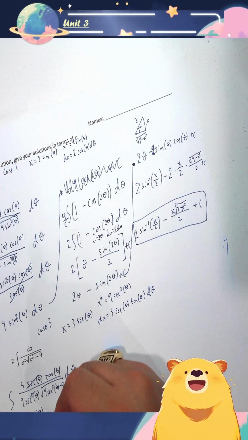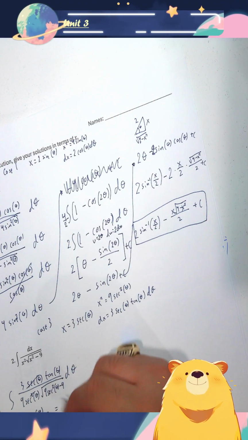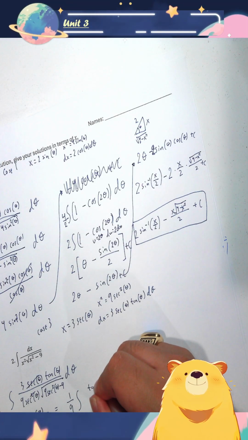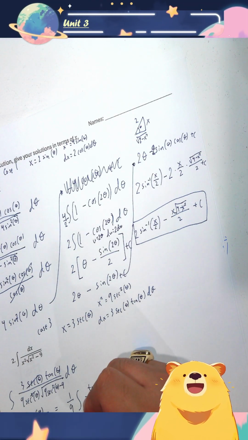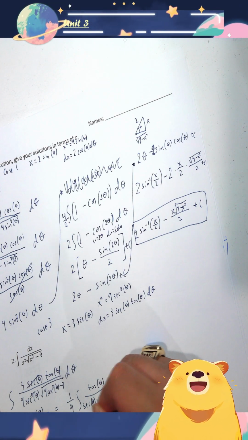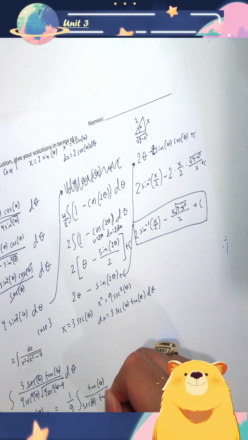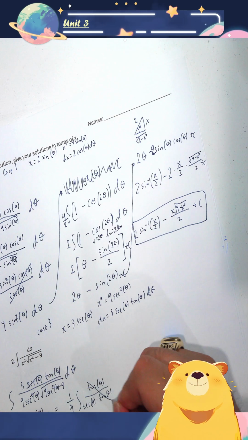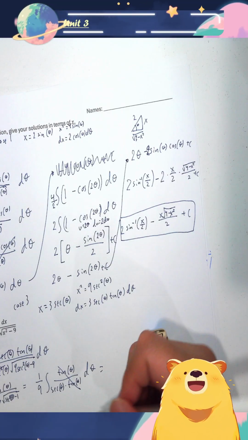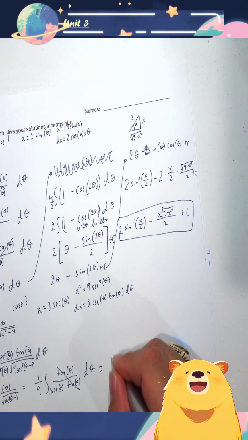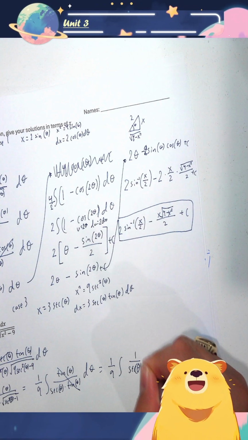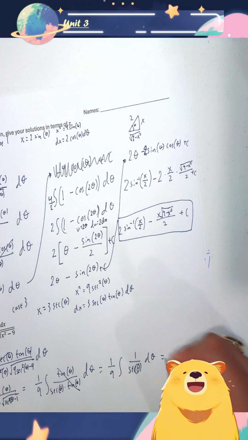That whole thing is going to be tangent. So 1 over 9, tangent of theta over secant of theta times tangent of theta, because that'll be tangent squared, square rooted. We'll cancel it out. And then tangent on the top and the bottom cancel out. So we're left with 1 over 9 integral 1 over secant of theta with respect to theta, which is just cosine.